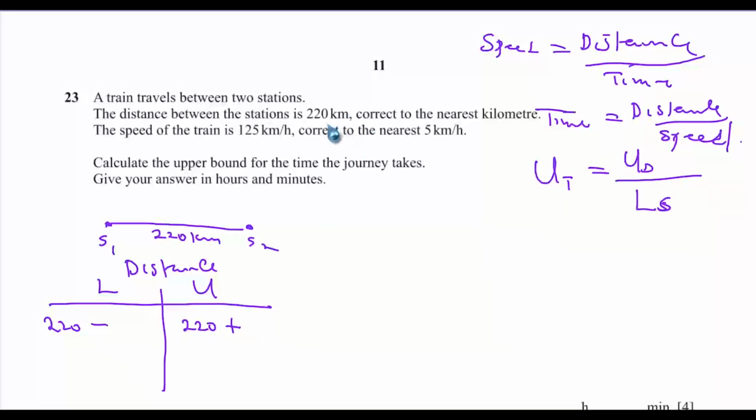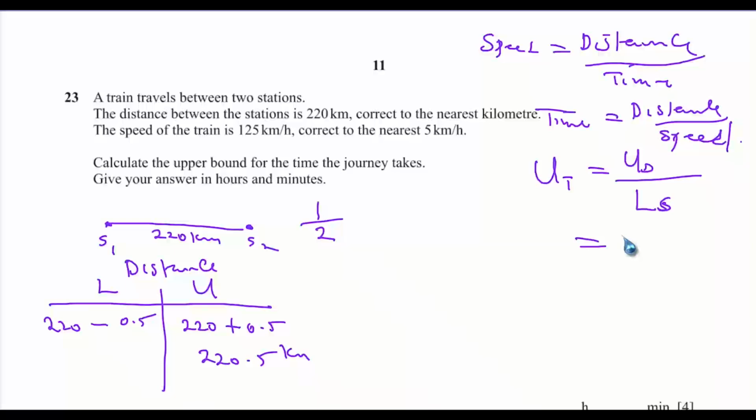This 220 kilometers is correct to the nearest kilometer. That means you have to say 1 unit divided by 2, that will be 0.5. So you subtract 0.5 and add 0.5 to get the lower and the upper bounds respectively. So this will give us 220.5 kilometers. That is my upper bound of the distance.